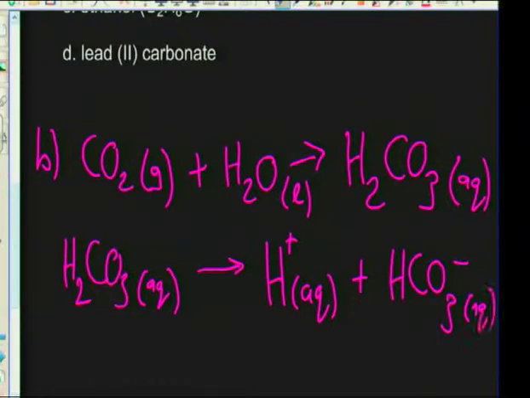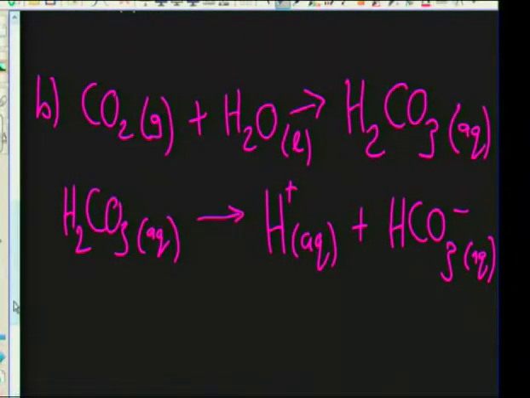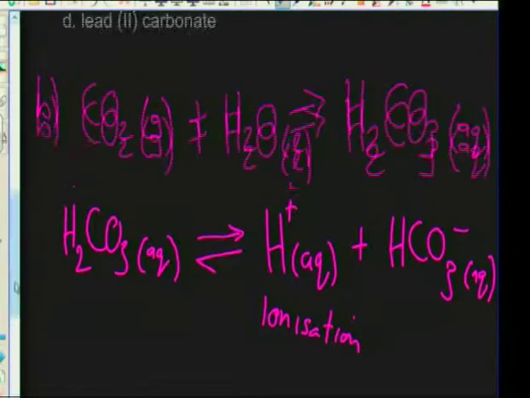And they're also in aqueous solution. And this is why we get acid rain forming. We call this second process ionization. And it is a reversible process, so we can get them forming like that, and we indicate it as reversible. Right, let's look at the next one.